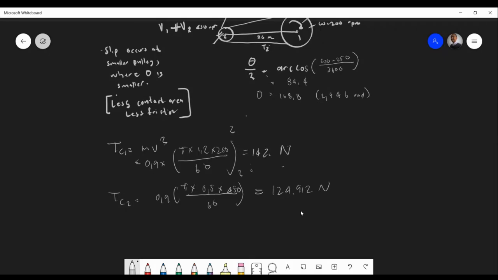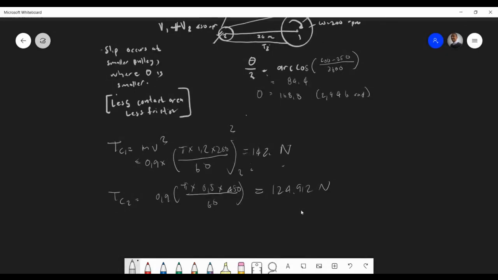So now, what I find strange about this particular problem is that we have two centrifugal tensions, right? So what do you think we should do now? Just looking at something here.